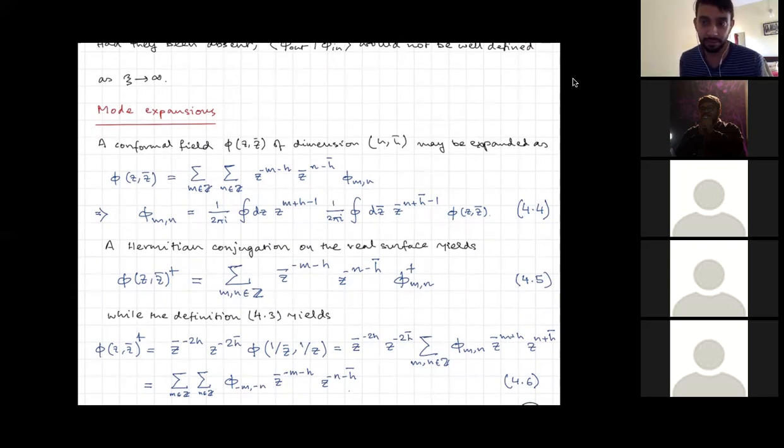I want to make a comment. Yeah, sure. The expression for this mode expansion can be seen more transparently if one transforms from the plane to the cylinder, and then it can be interpreted as a Fourier series on the cylinder. That's right. Yes.